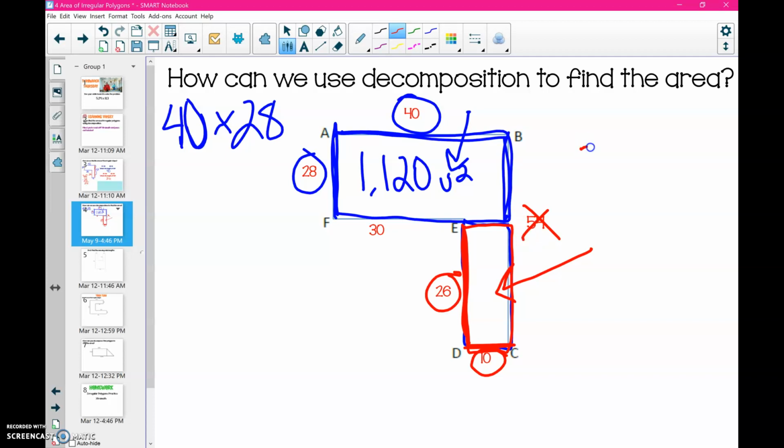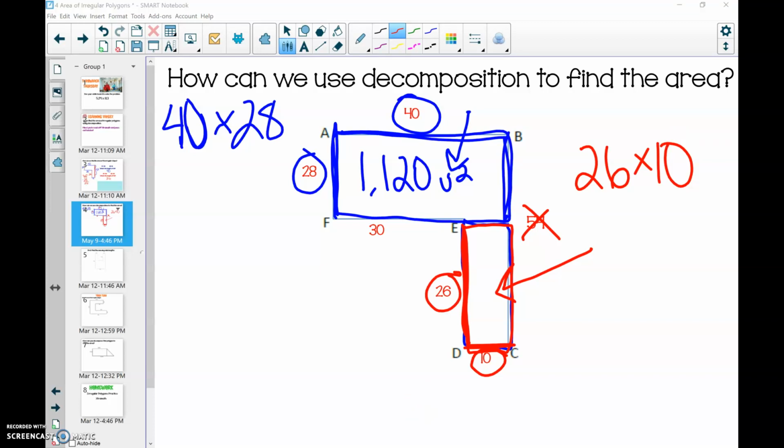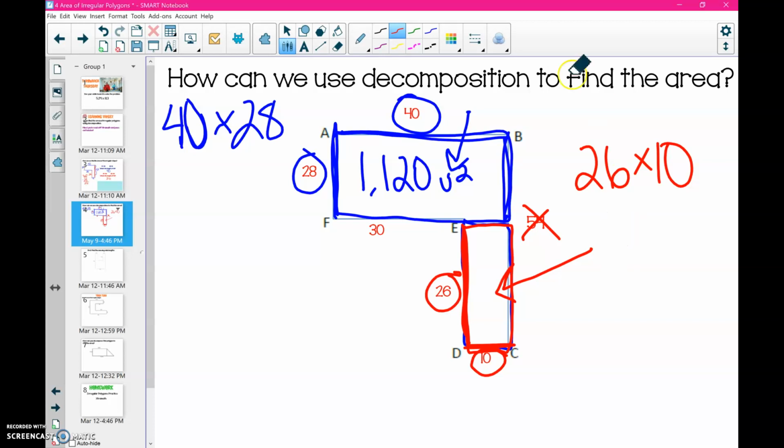So we're going to take 26 times 10 for this rectangle. Well, I can use that 10 trick and just do 26 times 10, add that 0, so 260, and that's what this rectangle would be, and that would be units squared as well.